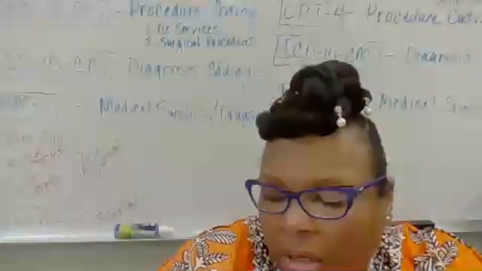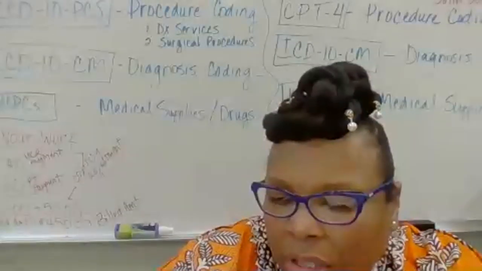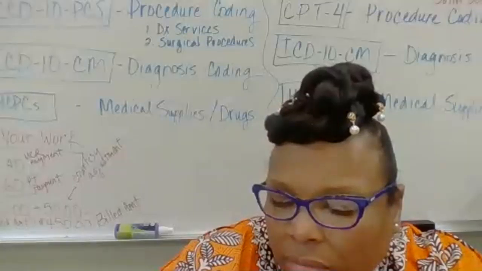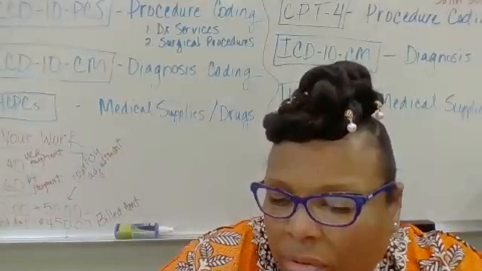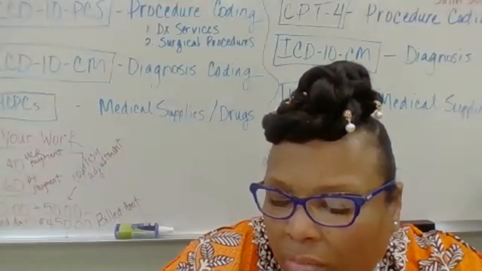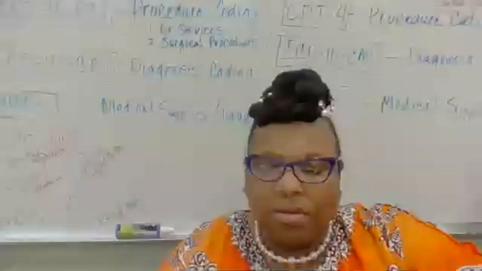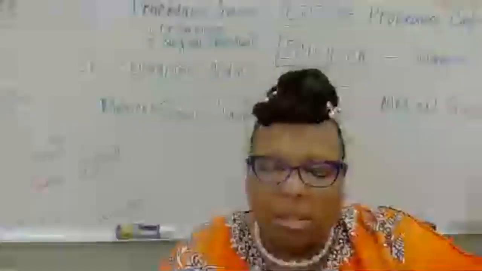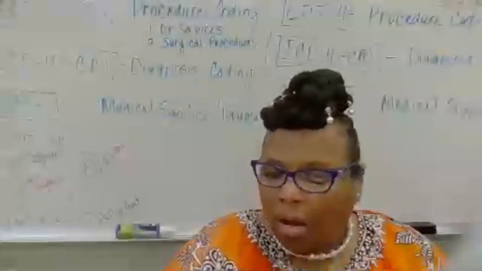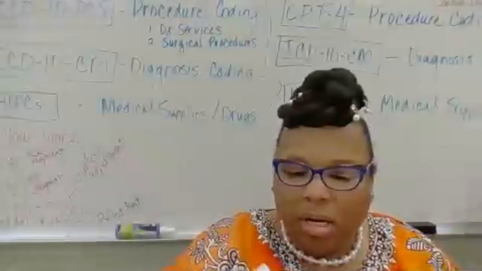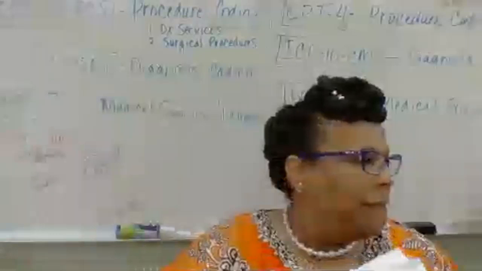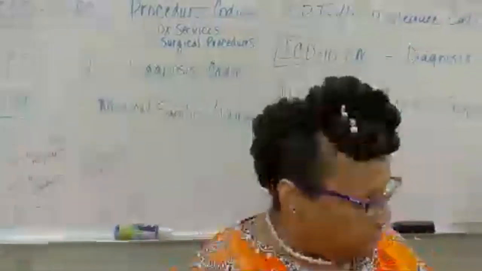We could do this one. Let's do the one I gave y'all on the handout. Let's do that. Okay. The Medicare bill amount. Look at the first one. It says $4,250.